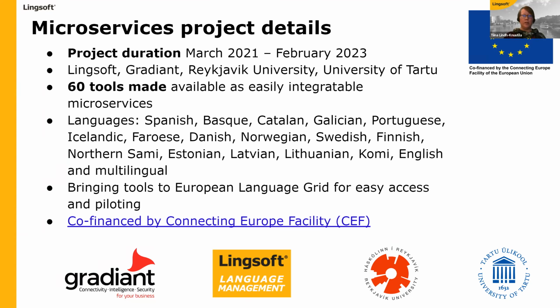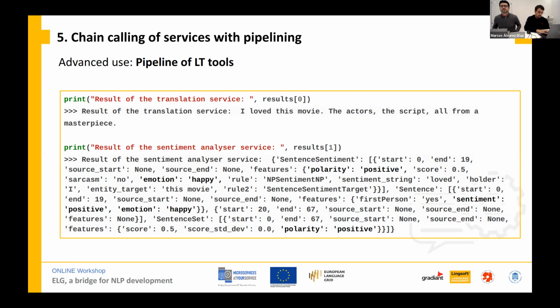The result of these few lines of code of the pipeline will be these. The result of the first service is just the translation of the German text, and then the result of the second tool in the pipeline is the sentiment analysis result. In this case, it says it's a positive text.